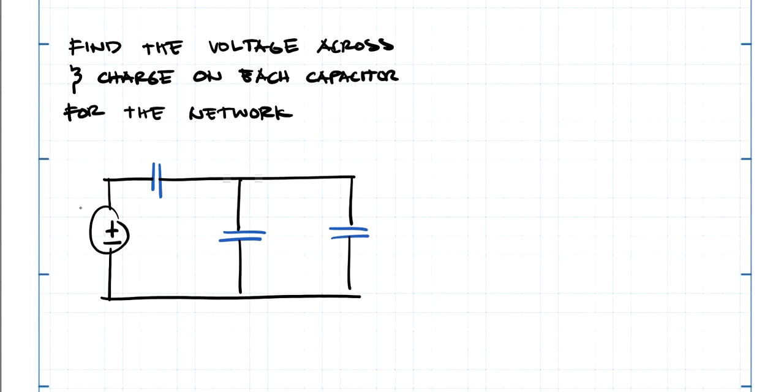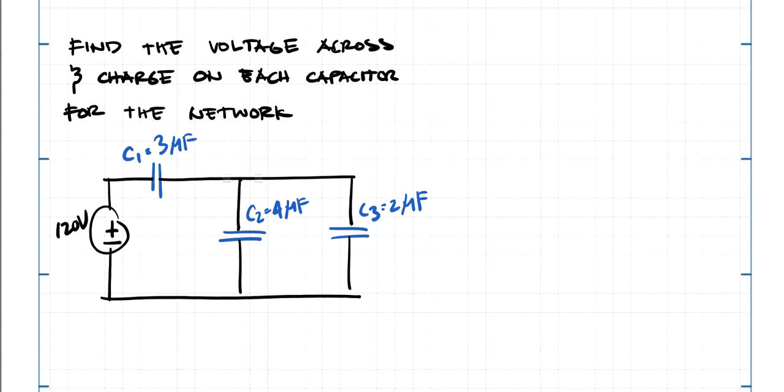The voltage is 120 volts, and the capacitance here, let's say C1, is 3 microfarads. Right here, this is C2. Let's say this is 4 microfarads, and C3 is 2 microfarads.